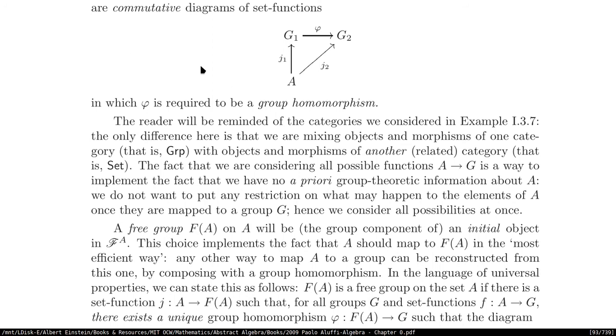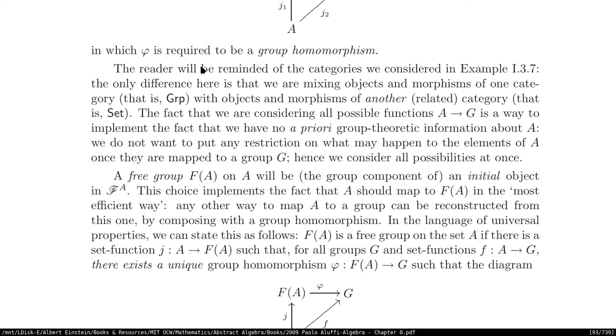So, in the language of universal properties, how they state this is that F(A) is a free group on the set A if there is a set function going from A to F(A) such that for all groups G and set functions f from A to G, there exists a unique group homomorphism from F(A) to G.